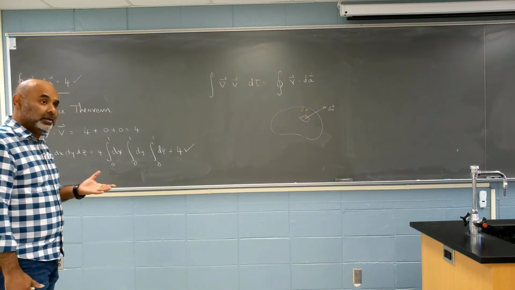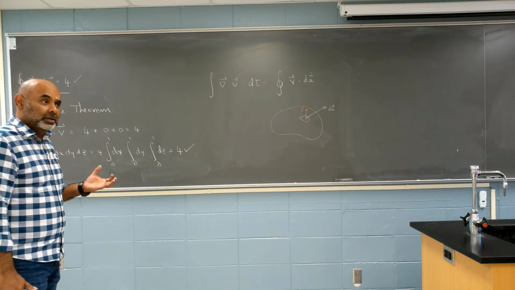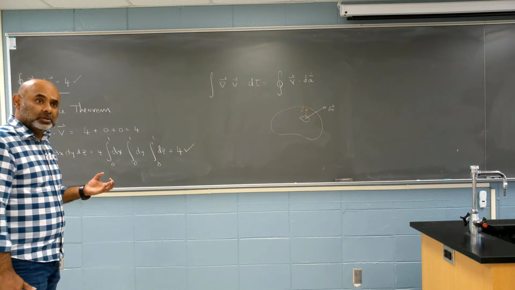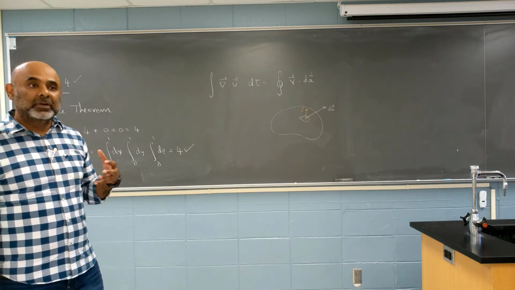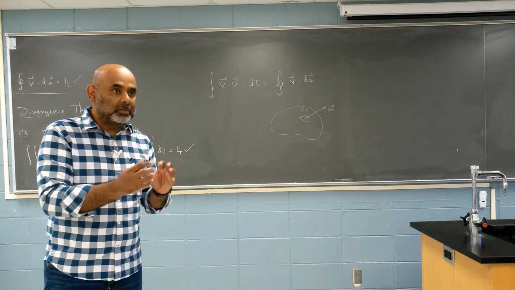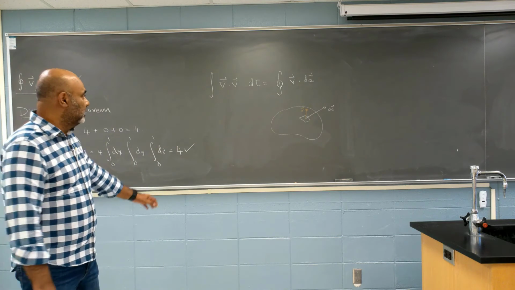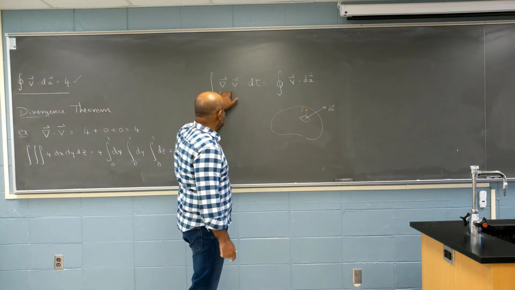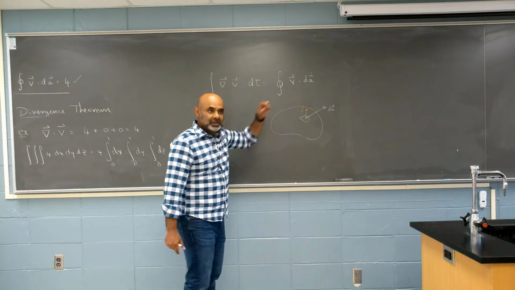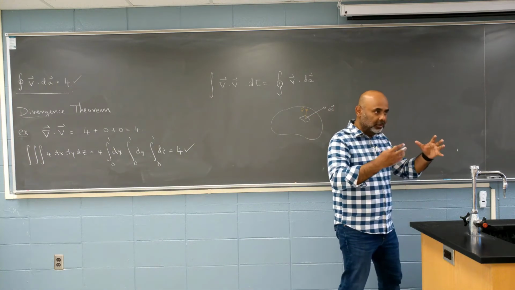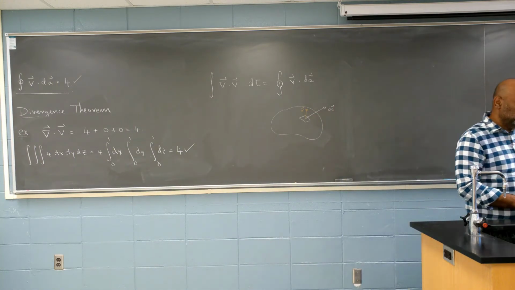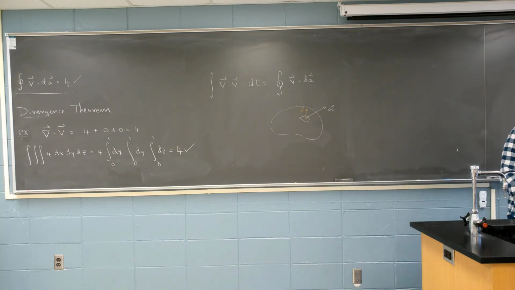You can write that sentence down if you'd like. The divergence measures the amount of vector field flowing out of a surface for every unit volume of the object. Because this times volume equals that. It's not a very mathematical statement, but it's a very intuitive statement. It connects you to what we're about to do.